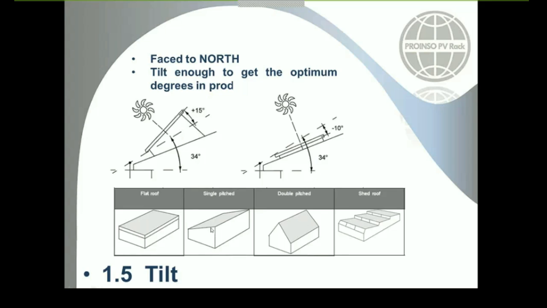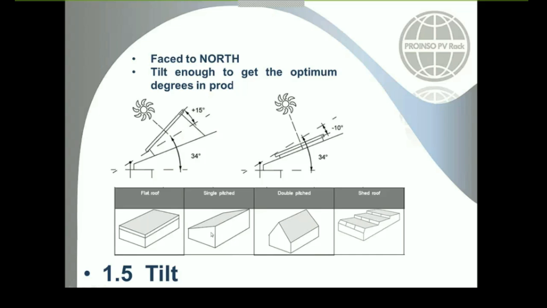If we already have some tilt, we have to get the optimal one to be perpendicular to the sun. So it would be an additional tilt. Imagine that in our location we need 20 degrees, okay? So we will have the 20 degrees of tilt plus the one to cover the tilt of the roof on one side and the next one, okay? So I don't know if that's clear.